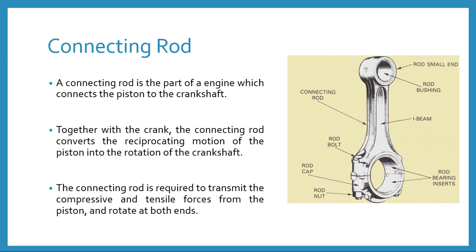Since the piston moves vertically while the crankshaft rotates, the connecting rods are subject to a combination of axial forces, meaning both compressive and pulling, and besides the axial forces they are also subject to bending forces.